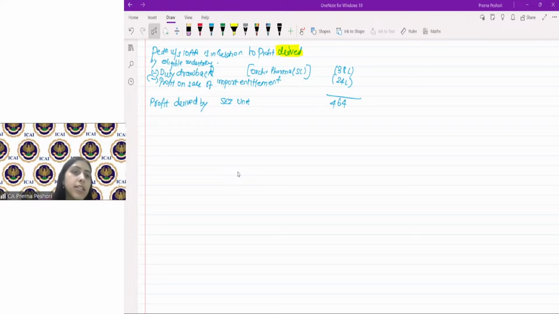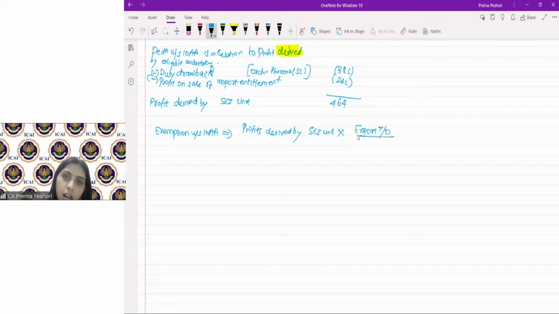So the formula here is, the exemption under section 10AA is the profits derived by the SEZ unit into export turnover upon the total turnover.